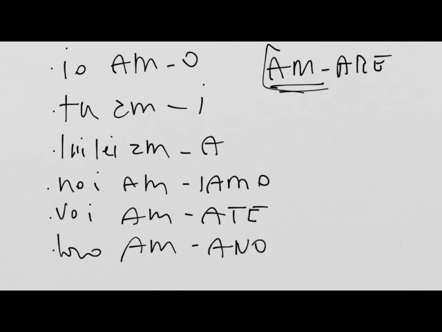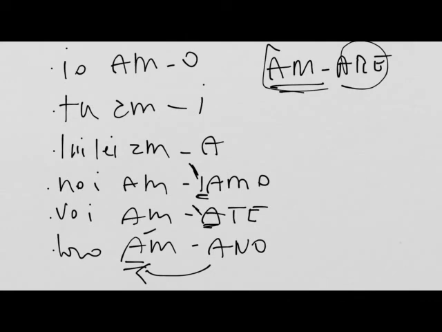The stress in loro is always retracted by one syllable. Io amo, tu ami, lui ama, noi amiamo, voi amate, and loro amano. And it is true for all the -are verbs. You know that in English you only have one change.